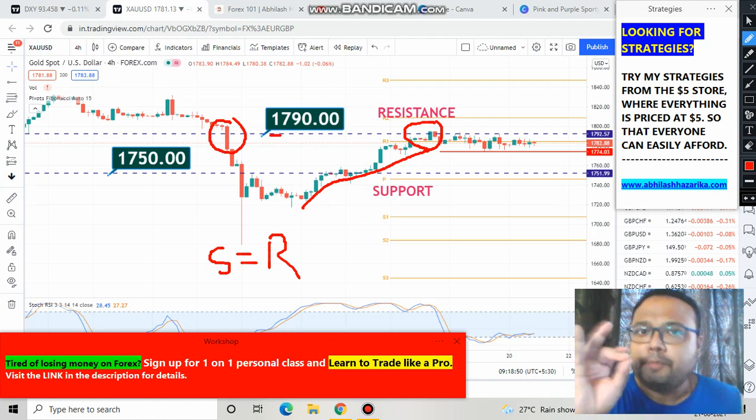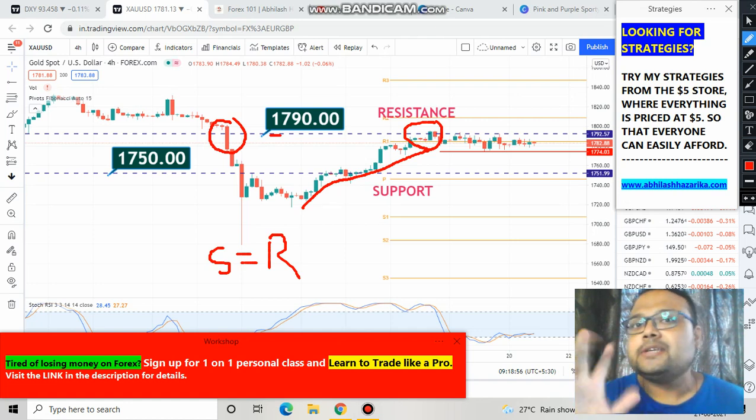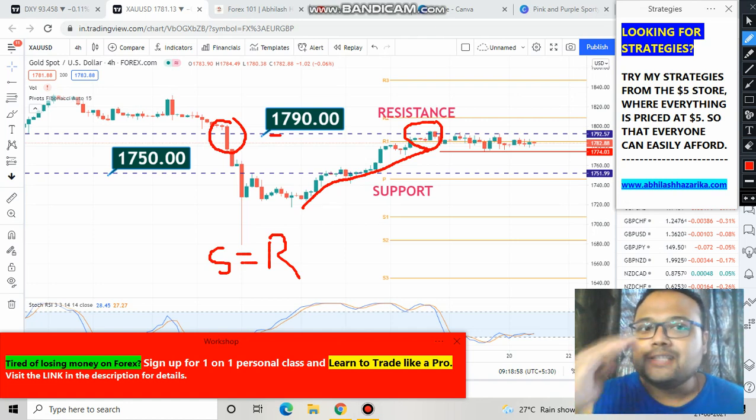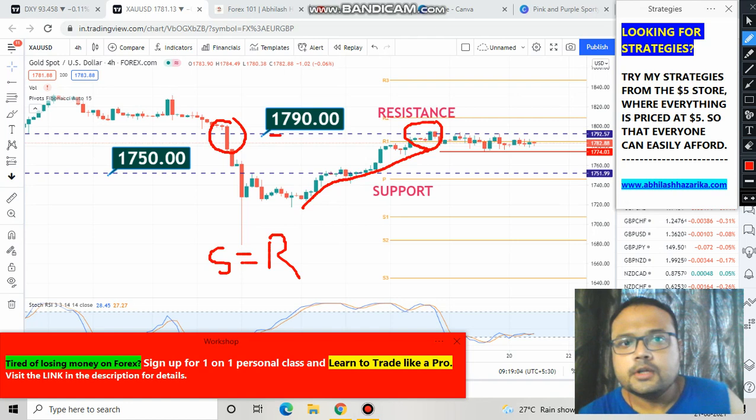So there should not be any doubt in your mind how this support has become resistance, because you can clearly see on the chart that 1790 is acting as a very strong resistance. So 1790 is the resistance and 1750 is the support for the market.